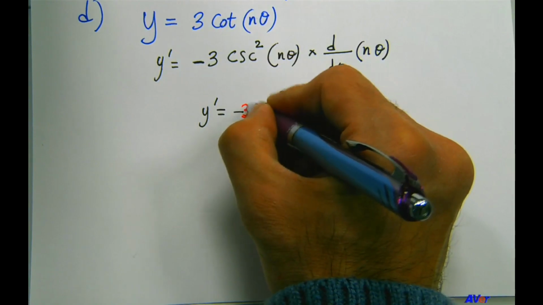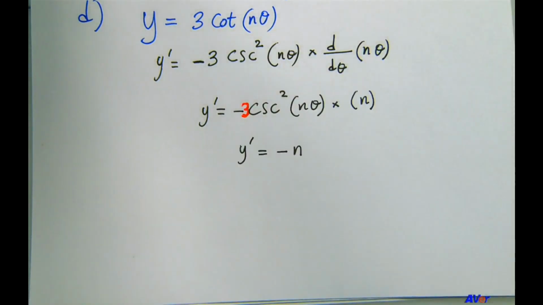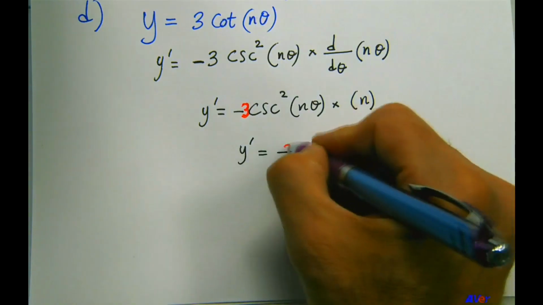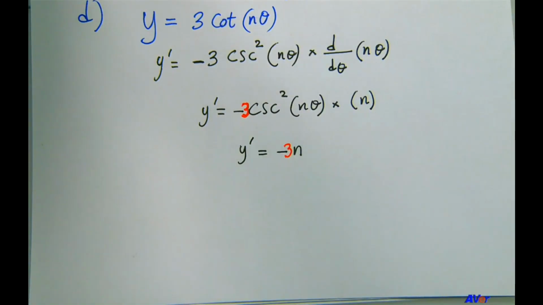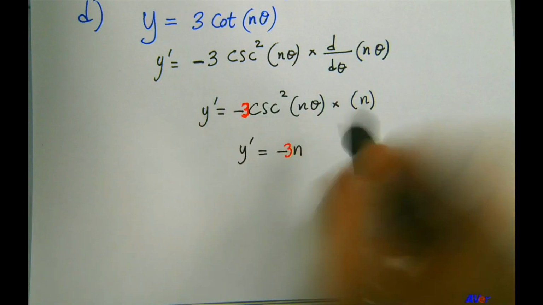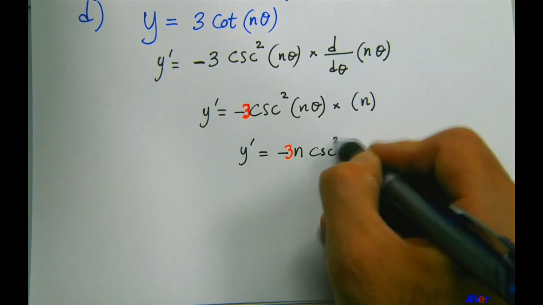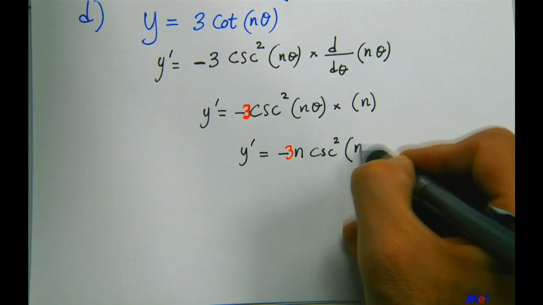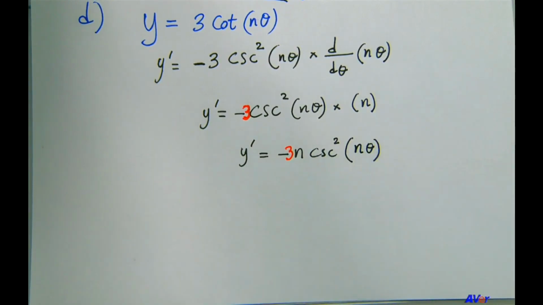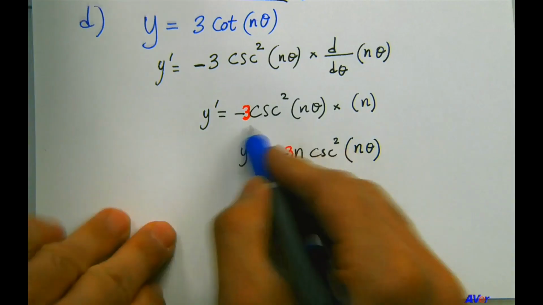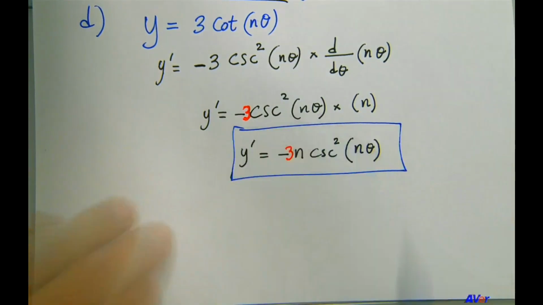Let me put it in a different color. So y prime is minus 3n cosecant squared of n theta. Okay, so that's the final result there.